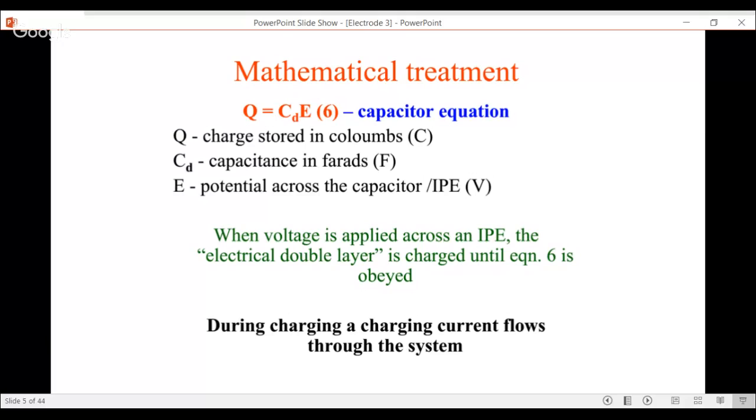When voltage is applied across an ideally polarized electrode, the electrical double layer is charged until equation 6 is obeyed. During charging, a charging current flows through the system. That is what we are measuring in the potentiometric titrations using a platinum indicator electrode, or in polarography, the dropping mercury electrode and other things.